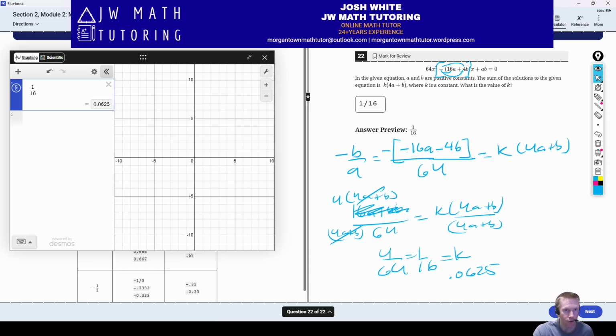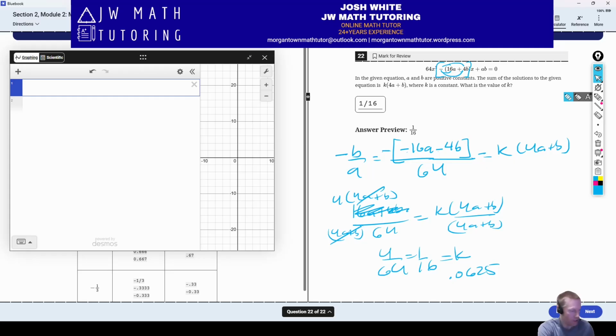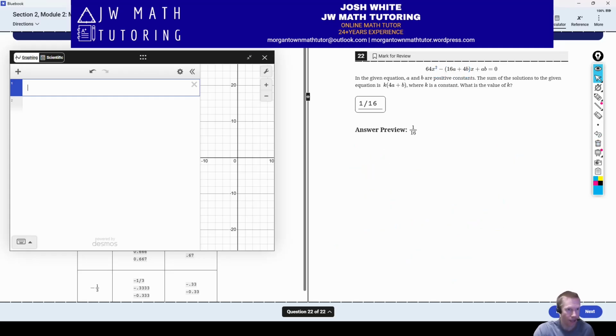All right, now, here's how you could solve the entire thing in Desmos. And this is not necessarily any quicker, but still, it's something useful to be aware of. What I'm going to do is take the original equation, just the left side of it is equal to 0.